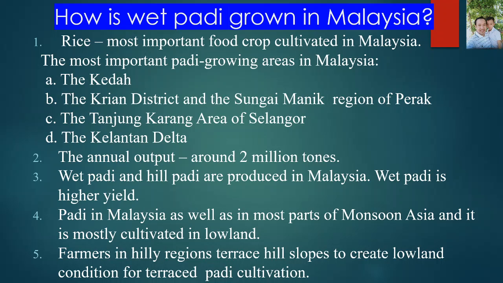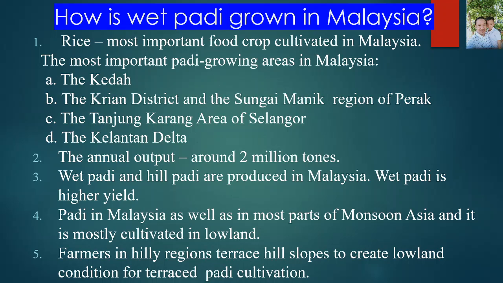Farmers resort to irrigation. And number five, farmers in hilly regions terrace hill slopes to create lowland conditions for wet paddy cultivation. So all of these points are about wet paddy in Malaysia.